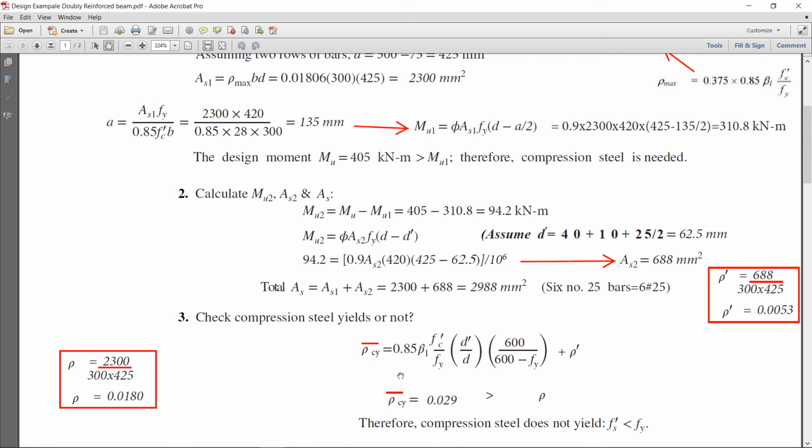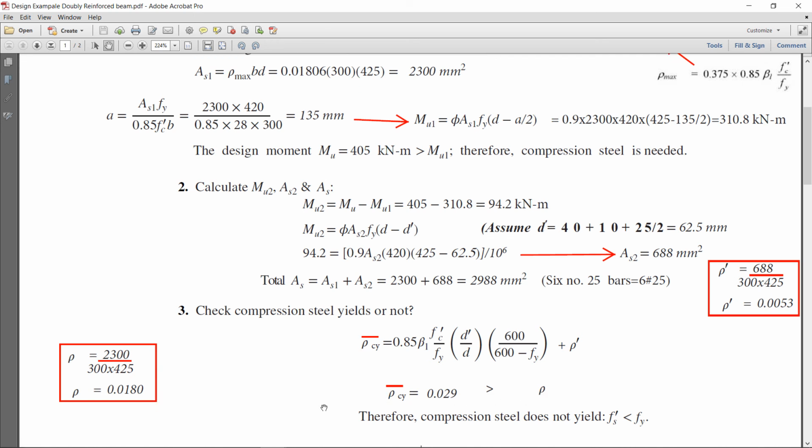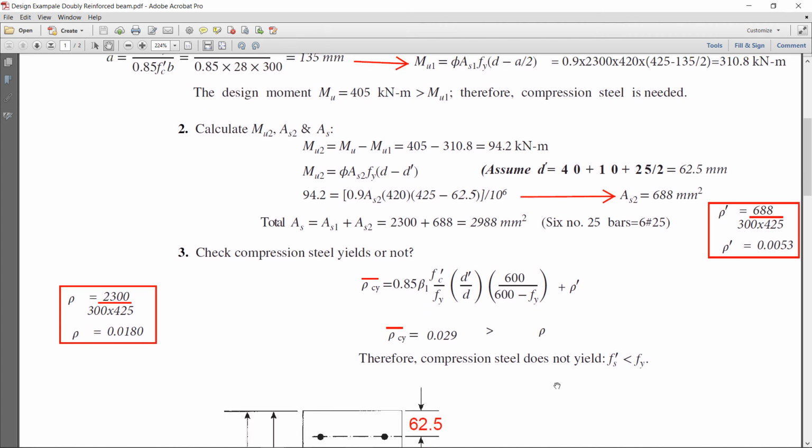Here our rho cy bar value is greater than rho, so it means our compression steel is not yielding. So now we have to revise the design for the second moment and for the second area of steel, where I had assumed that our steel is yielding, but we have checked and our steel is not yielding.